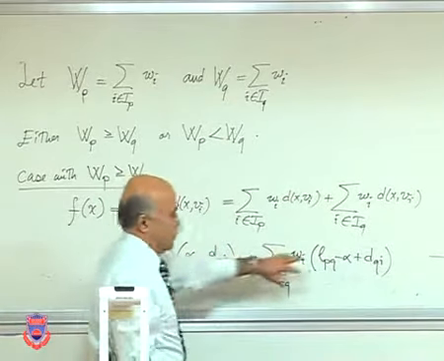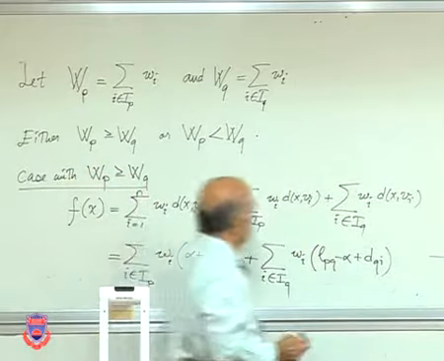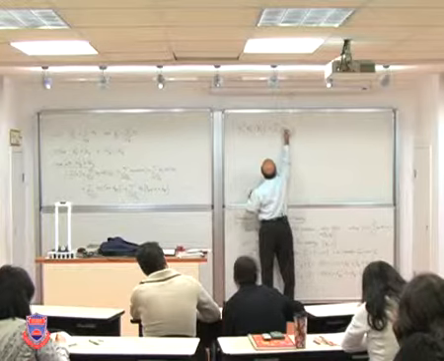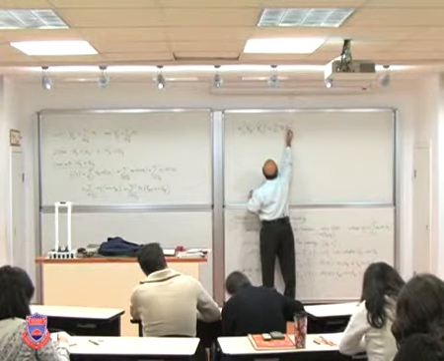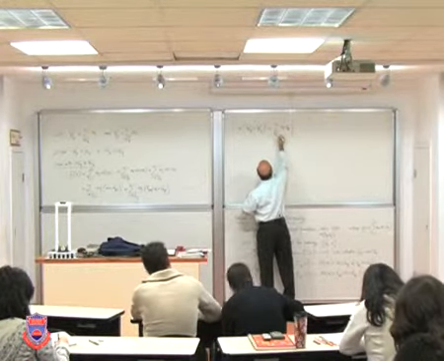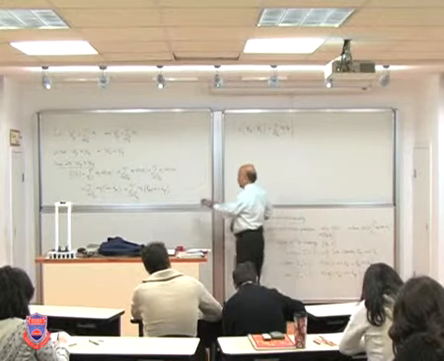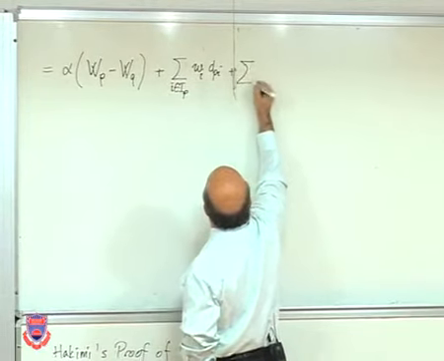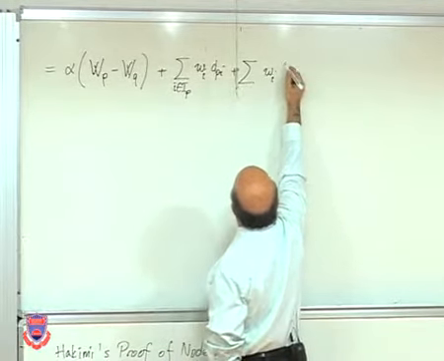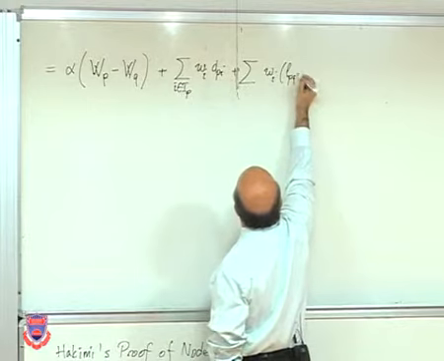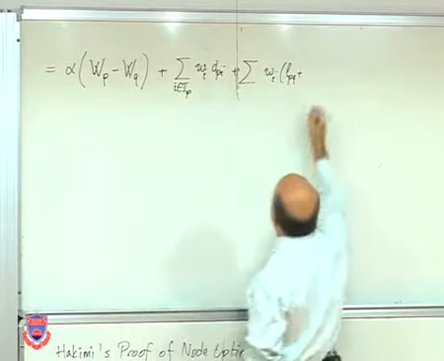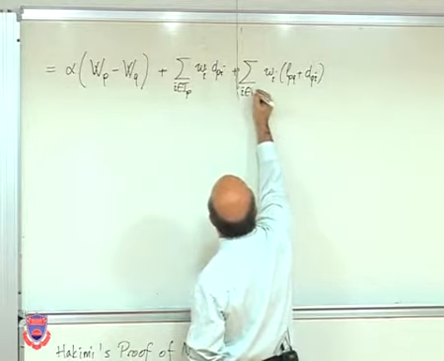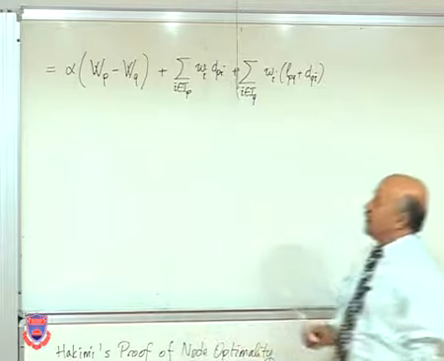And then I've got some other stuff. That other stuff will be the following: Wi times dpi for i in IP. And for the other part, it will be Wi times LPQ plus how much? dqi.